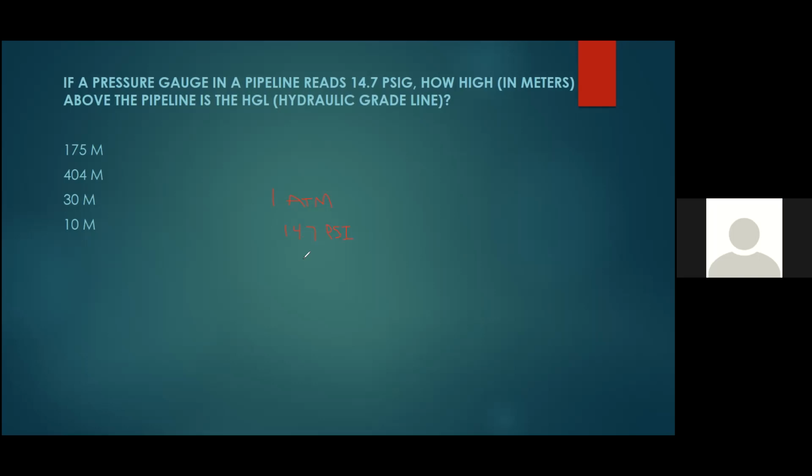And 14.7, as we talked about, is equal to 10 meters. This level is equal to pressure. It also equals 101.3 kilopascals, kPa. These are all the same. It's one atmosphere.